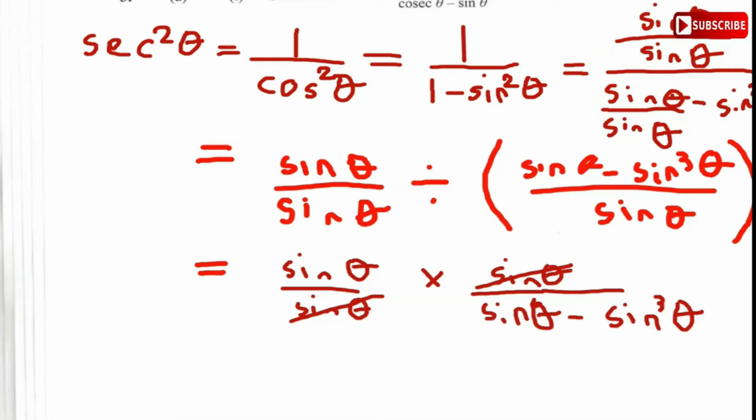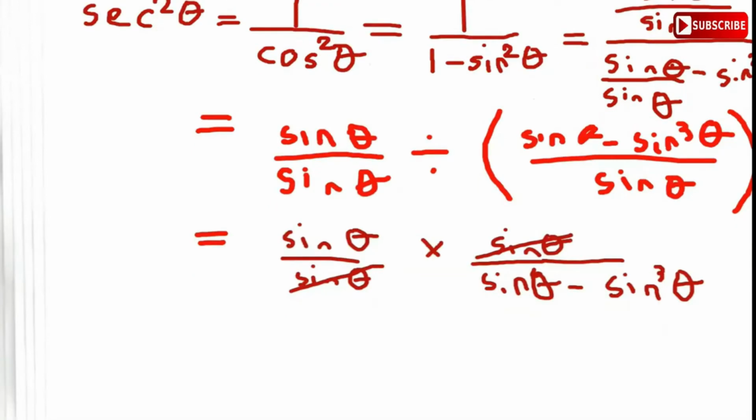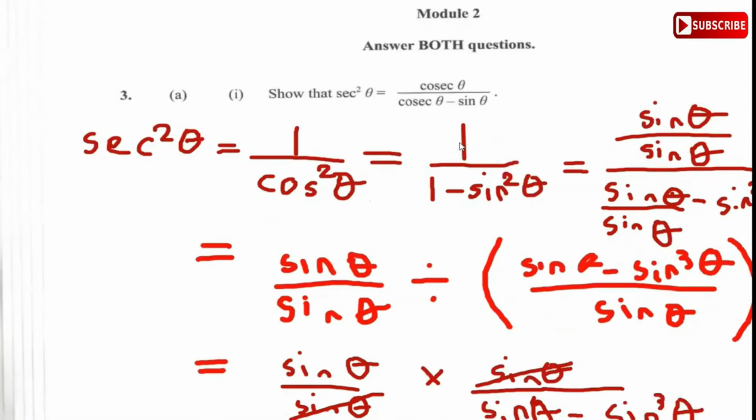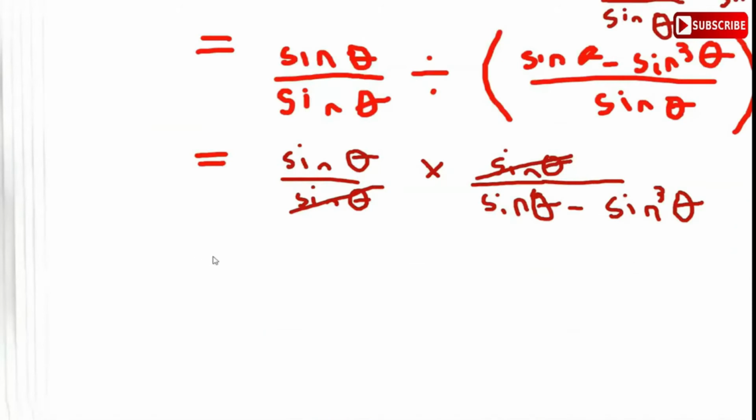Cosec minus sine. We know that. All right. Cosec over cosec minus sine. So we're trying to generate that. Let's see now.